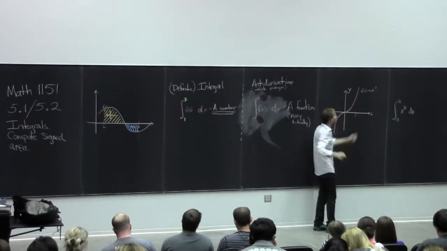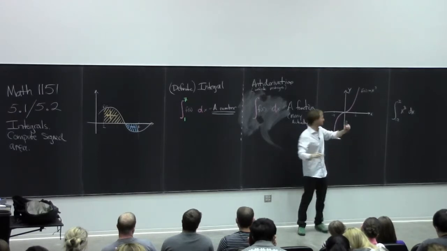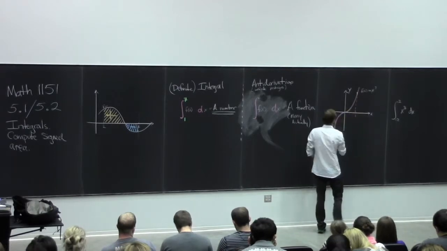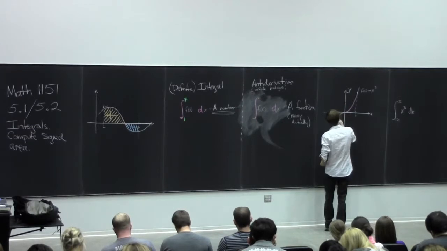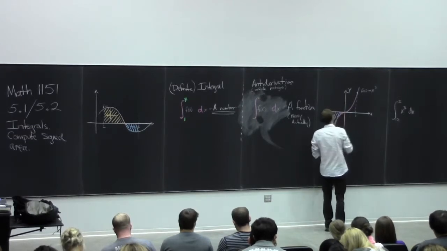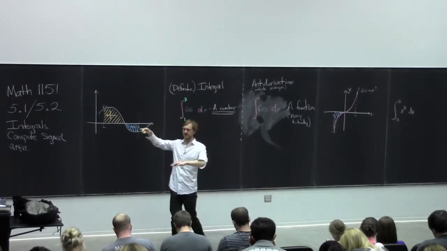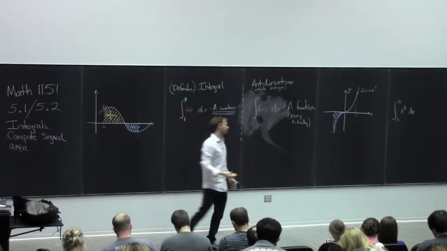This is -2. What is x cubed of 2? 8, right? So it goes up here to 8, and this goes down here. And aha, there's my negative area. Do you guys agree? It's the area between the curve and the x-axis, and it's below the x-axis, so it's negative.